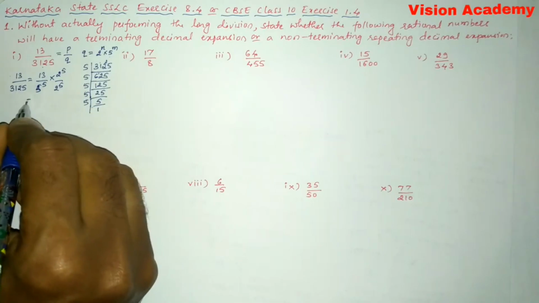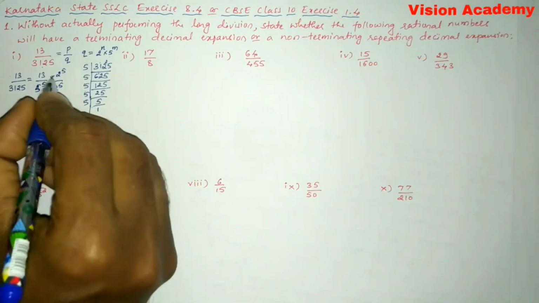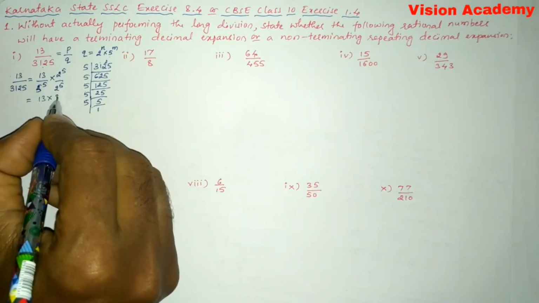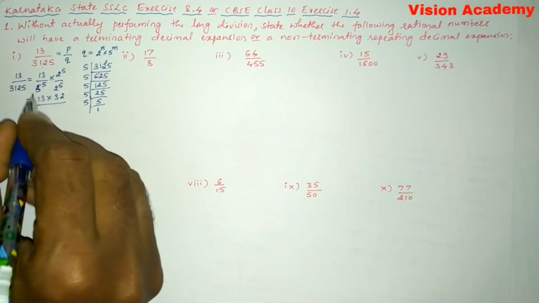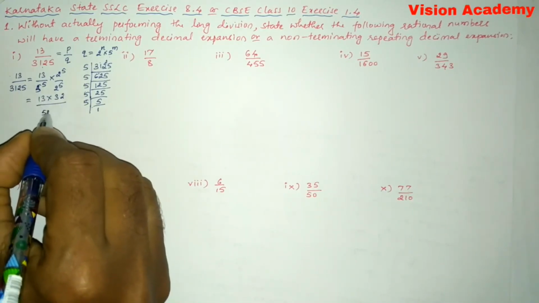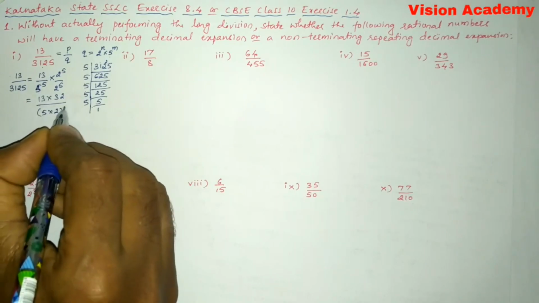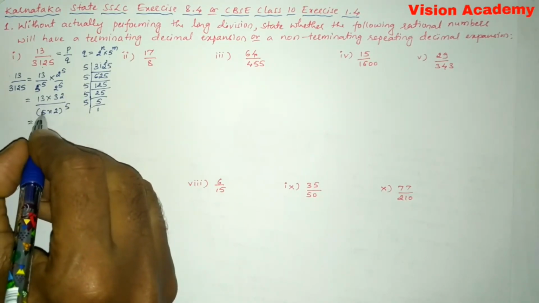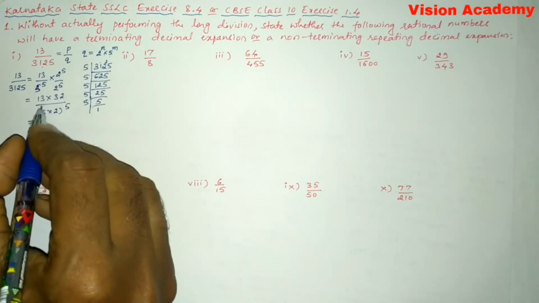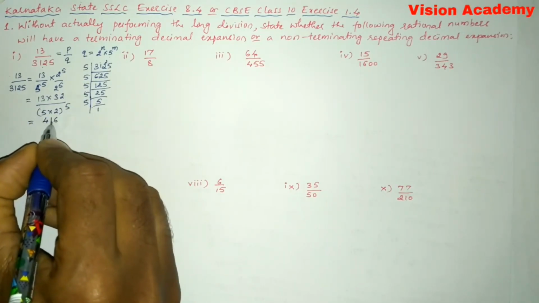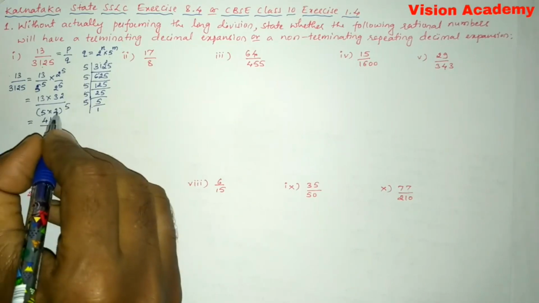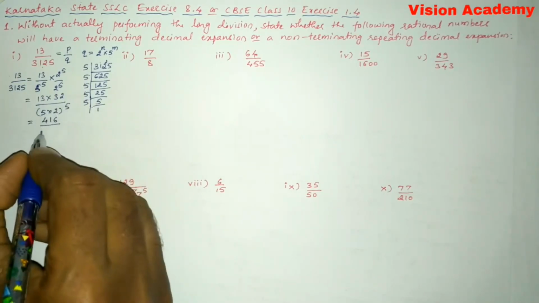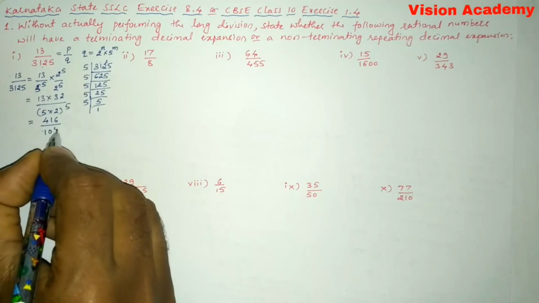Now let us simplify this. 13 into 2 to the power 5 gives us 32 divided by 5 into 2 whole to the power 5. So this further simplifies as 13 into 32 gives us 416 divided by 5 2s are 10, 10 to the power 5.